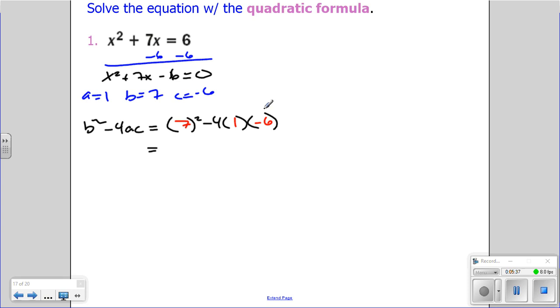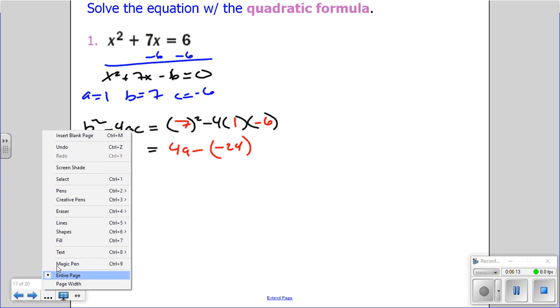So using the graphing calculator, I would type this entire expression in there in one motion. But at this time, I don't have a graphing calculator, so I got to follow my order of operations. But again, plug all of this, parentheses and all, exactly like this into your graphing calculator to get the final solution. In the meantime, 7 squared is 49. 4 times 1 is 4. 4 times negative 6 is negative 24.